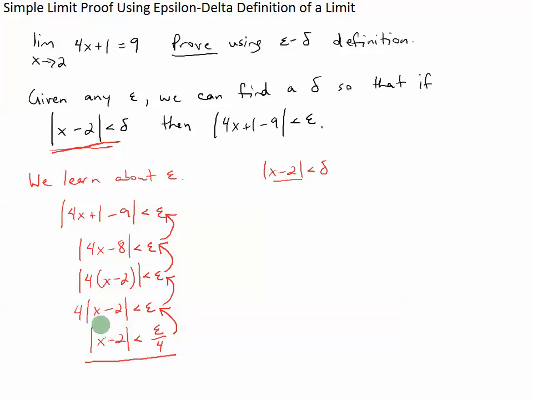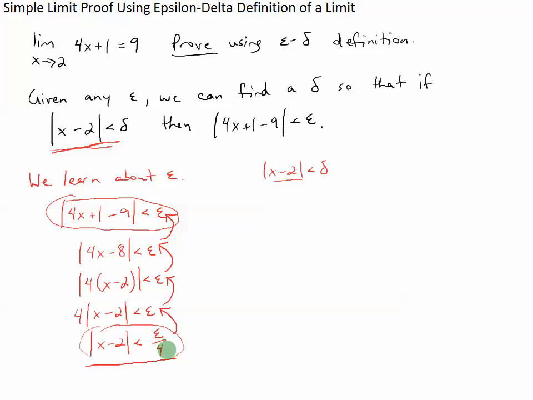So if I know this is true, then I know this is true, and that's exactly what I want to prove, okay? Alright, well, we sort of hit the jackpot here, because I'm going to choose the delta to equal this epsilon over 4.